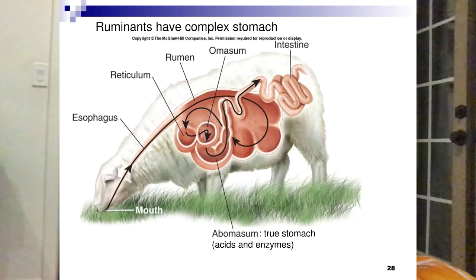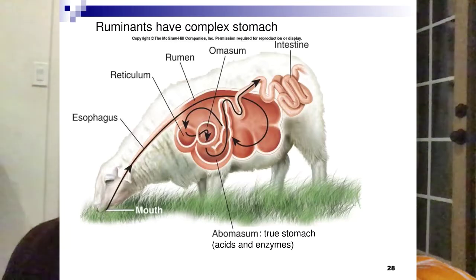Okay, and then you see the third pouch there is the omasum, and the omasum can absorb some of the water and also some of the salts from the food. So we start to get some absorption right away. And what'll happen is that in order to help continue to process the food, since plant material is very difficult to break down, it will actually then regurgitate that food that's been mixing around in the rumen and the omasum, and bring it back up the esophagus to the mouth to re-chew it.